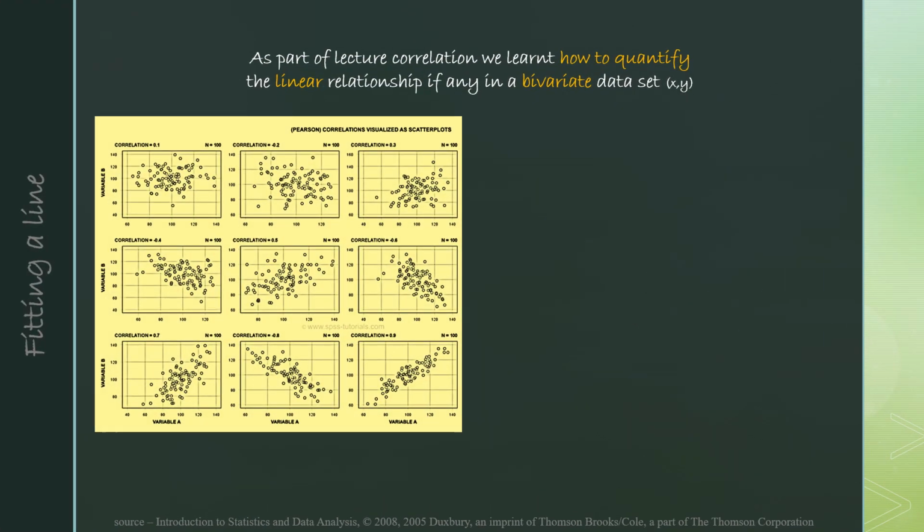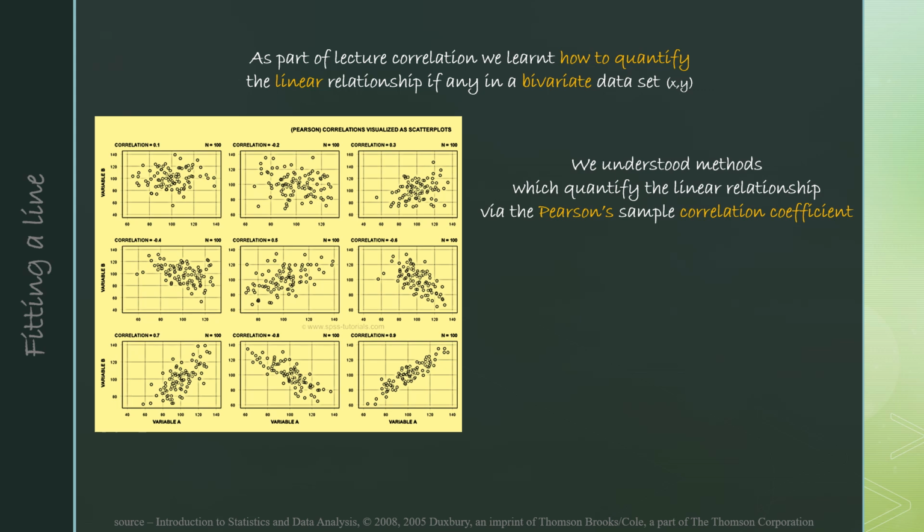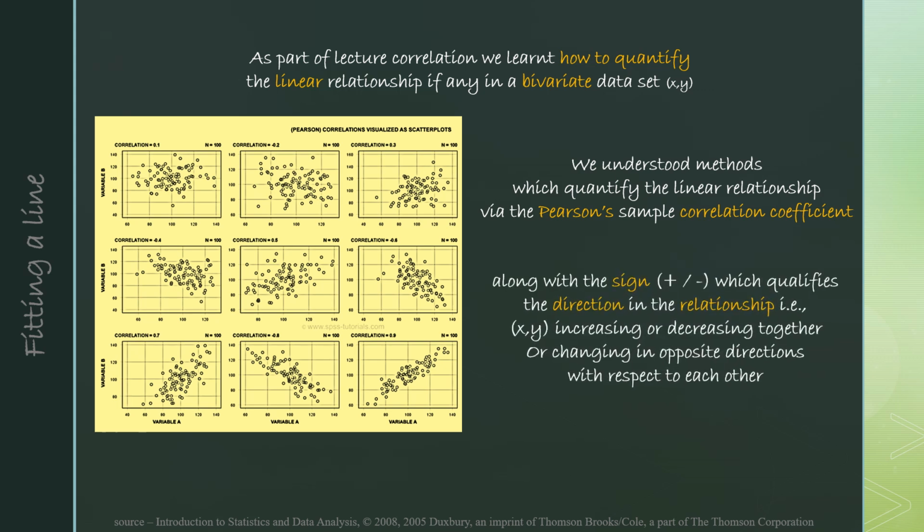As part of the previous lecture on correlation, we learned how to quantify the linear relationship, if any, in a bivariate dataset x and y. We understood methods which quantify the linear relationship via the Pearson's sample correlation coefficient, along with the sign plus or minus, which qualifies the direction in the relationship, that is, x and y increasing or decreasing together or changing in opposite directions with respect to each other.